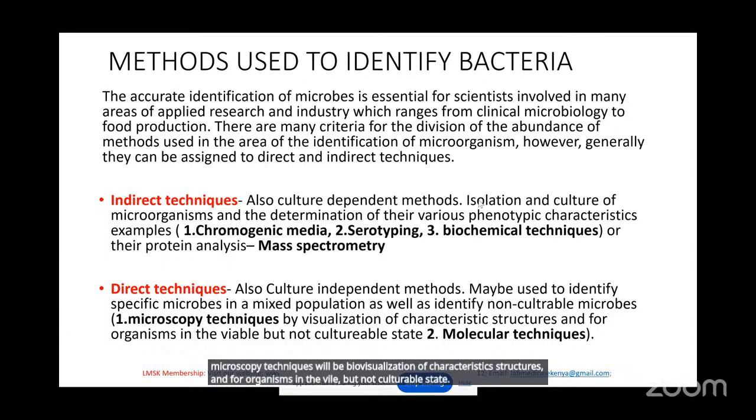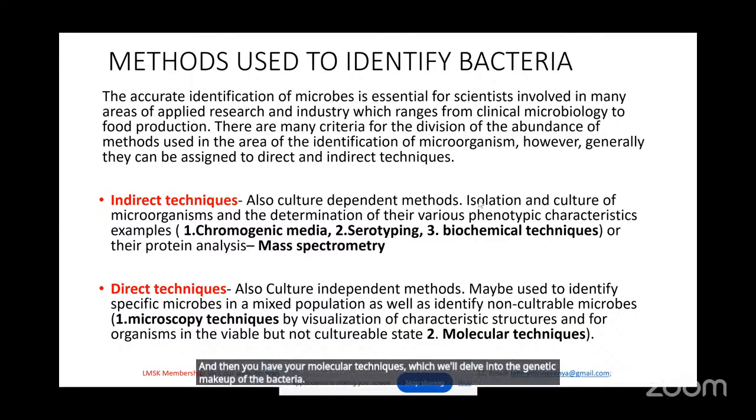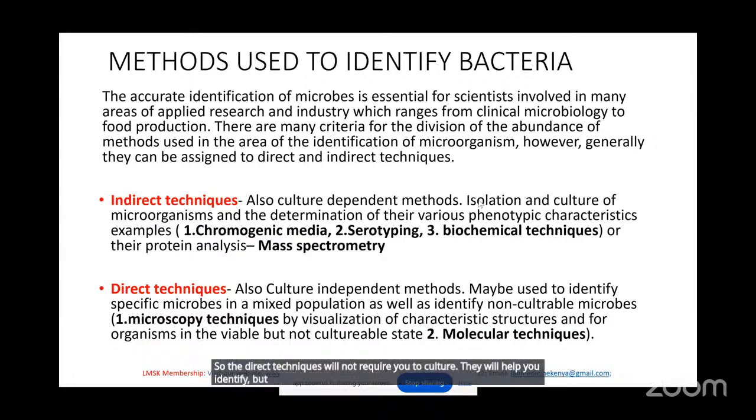This is where you'll use the classification slide, where we were classifying them in terms of their morphology and arrangement. You can make your observation from such visualization from a microscope. And then you have your molecular techniques, which will delve into the genetic makeup of the bacteria. The direct techniques will not require you to culture. They will help you identify, but you don't need to culture.